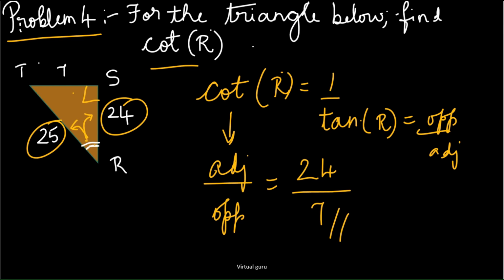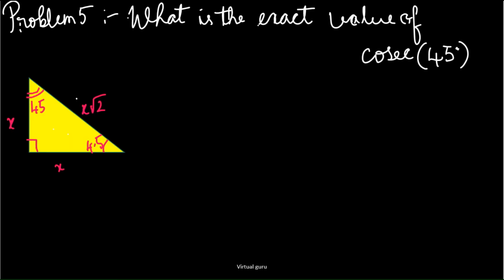Next, moving on to the fifth and final sum. What is the exact value of cosec 45? There are two ways to approach this sum. Consider the special triangle which I have already covered in part 1 of the trigonometry of special triangles video.